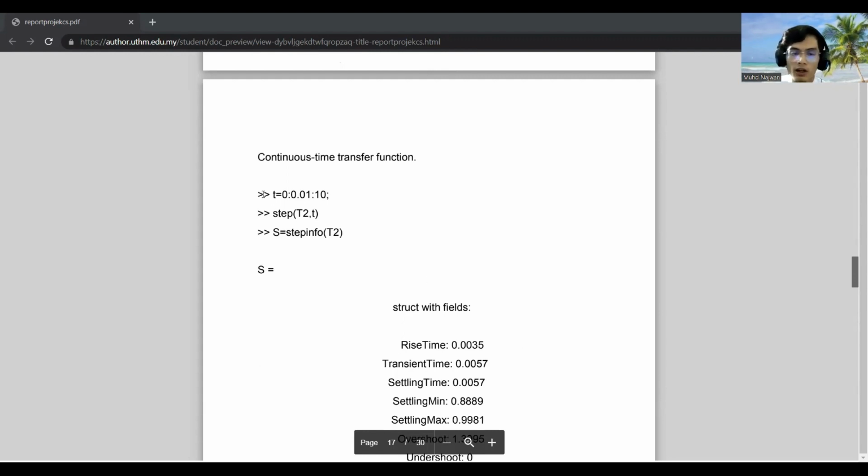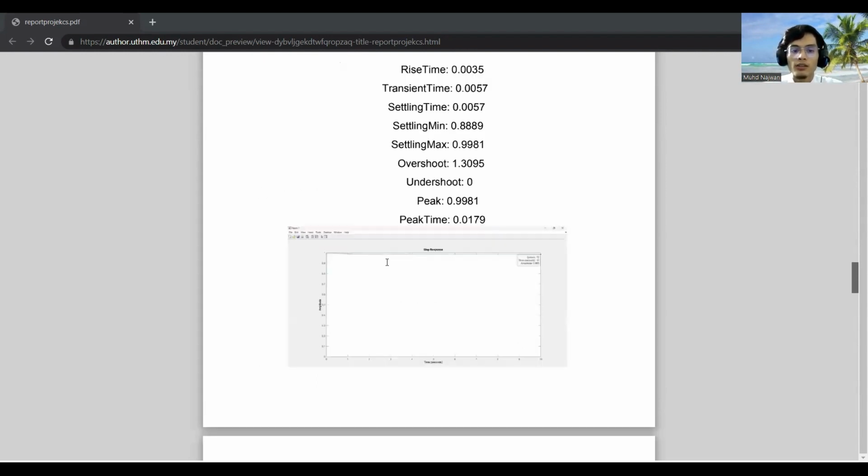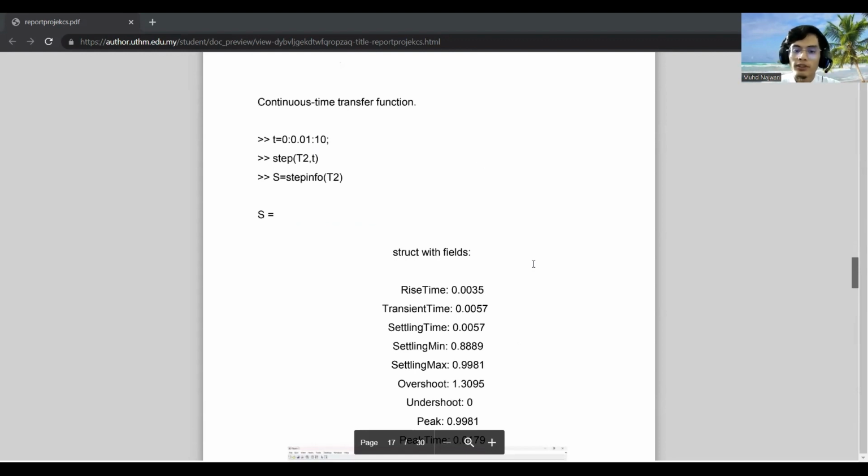So I declare the time, and also to find the graph, I declare it step T2 and T. The graph I get is like this. So to find the rise time, settling time, overshoot, I declare S equal to stepinfo T2.